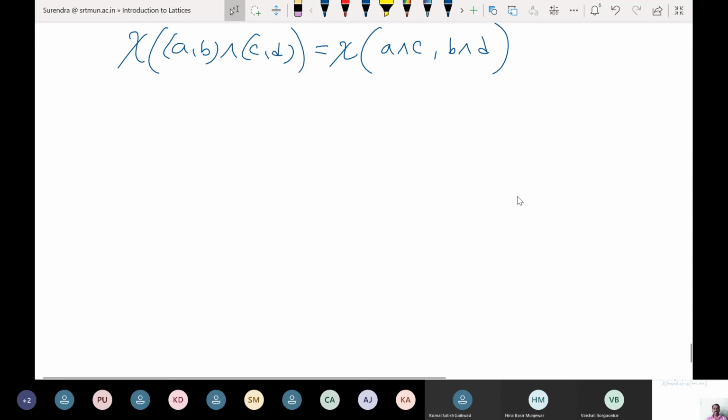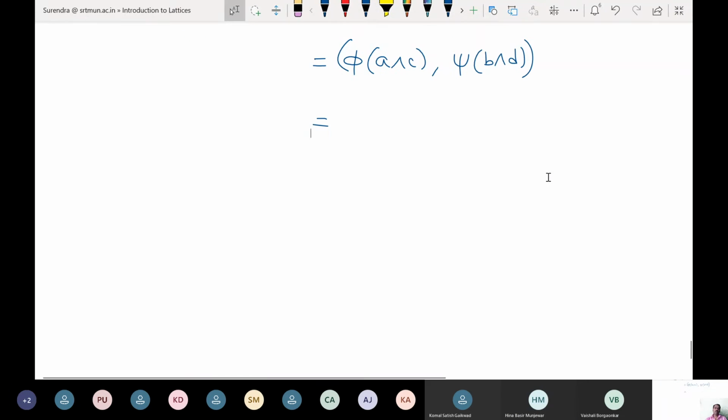Is that clear? But chi is defined as what? Chi is defined in terms of phi of (A meet C) and psi of (B meet D). But now we know that phi and psi are both homomorphisms.